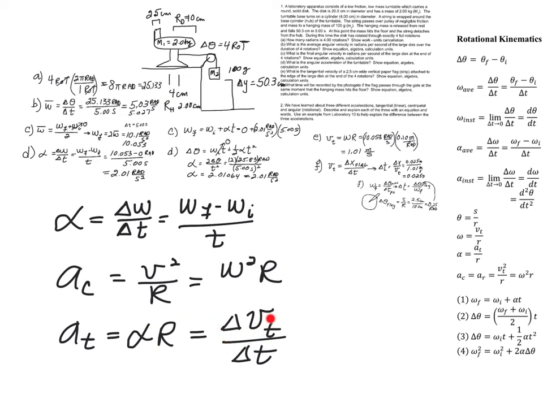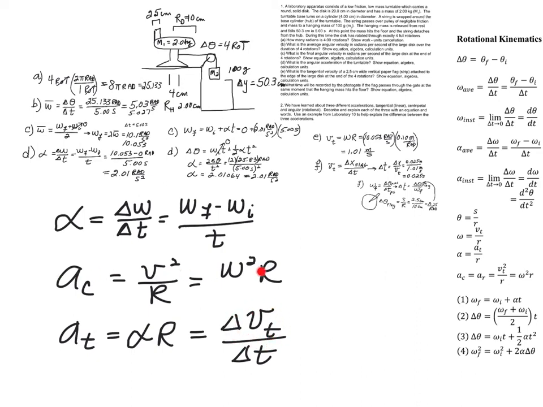So if we took the initial tangential velocity of 0 and subtracted it from the final tangential velocity and divided it by the 5 seconds, we would get the tangential acceleration. So when you're explaining what it is, it's the rate at which the tangential velocity is changing.